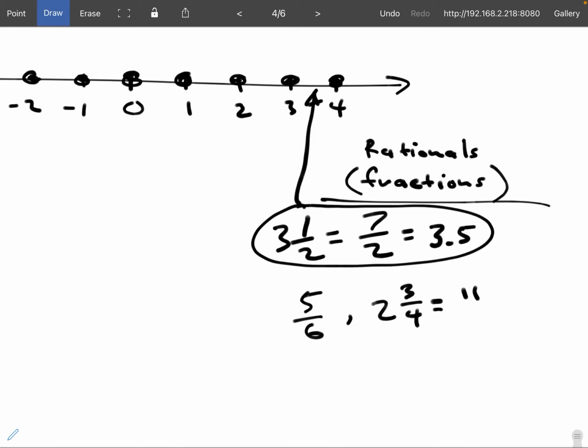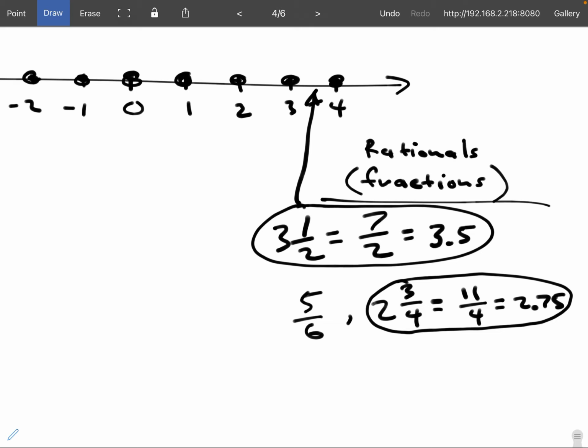That's the same thing as 11 over 4. That's the same thing as 2.75, right? Notice again, that decimal right there, that just ends, right? That's called a terminating decimal. So that's a fraction. So all of these are the same fraction. So those are all rational.